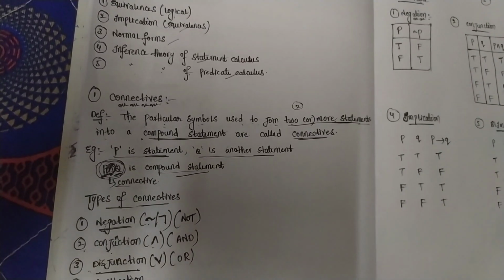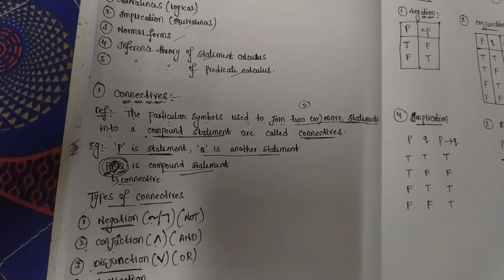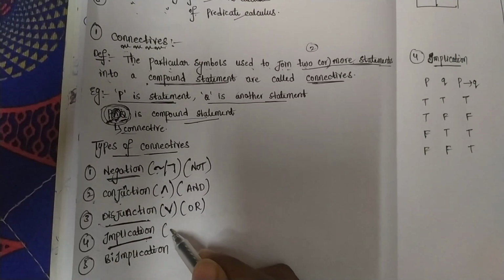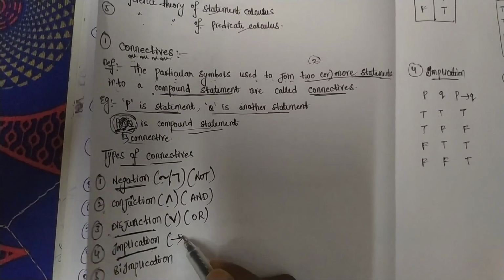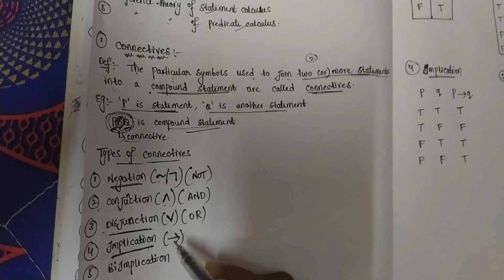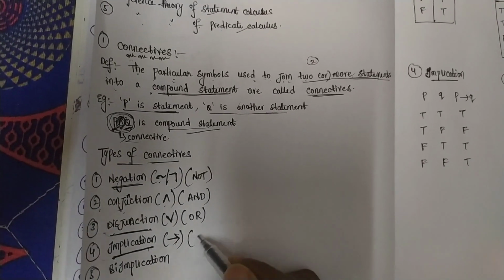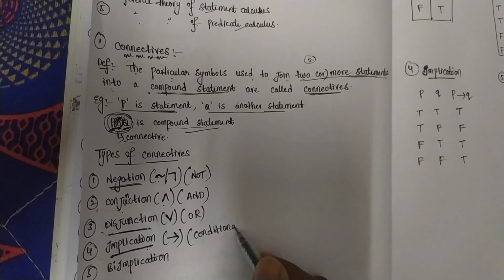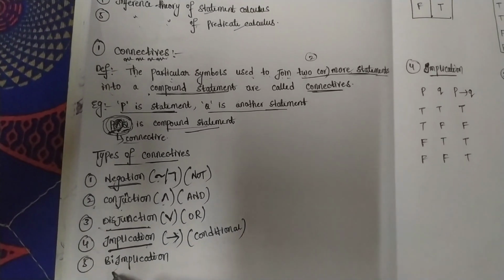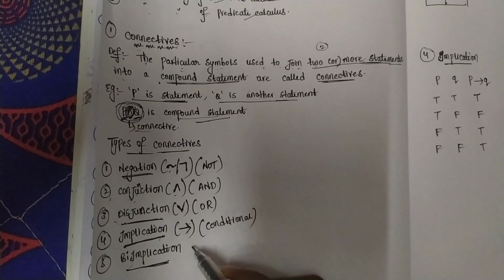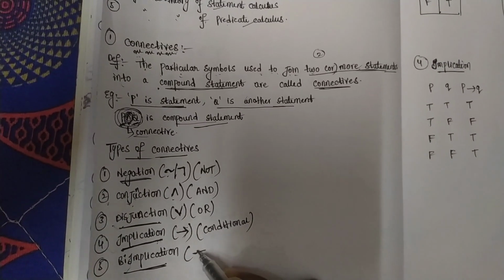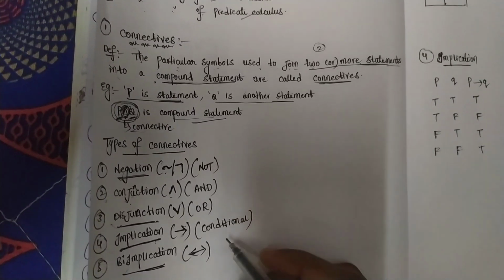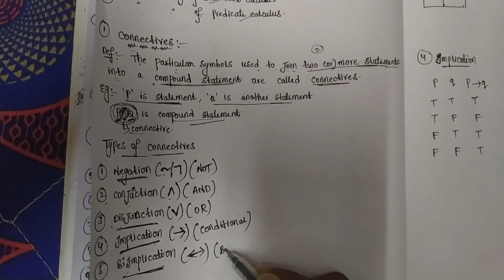The fourth one is implication. This symbol is used as an arrow mark, and this is also called a conditional connective. The fifth one is bi-implication. The symbol is a double arrow mark, and this is also called bi-conditional.